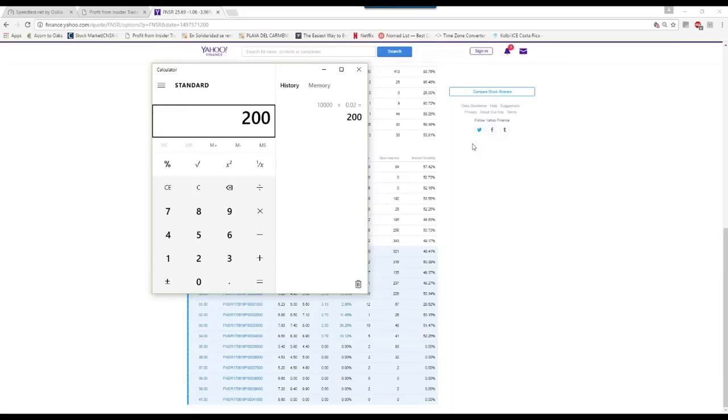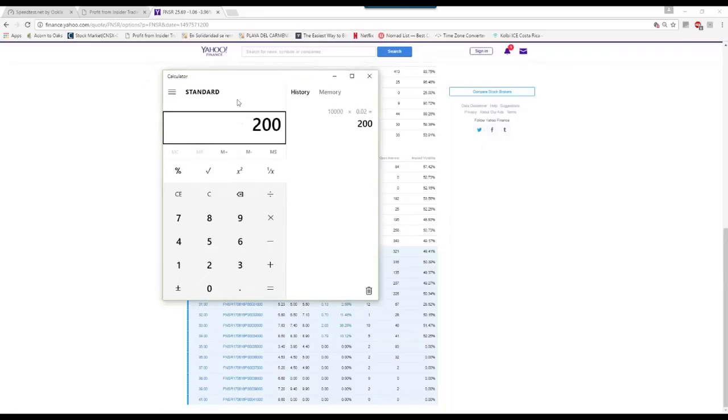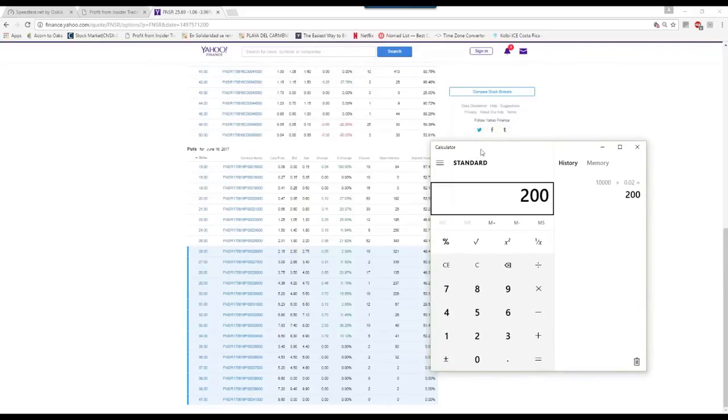If you follow that rule and say I'm not going to risk more than $200 on any given trade, your stop loss on any trade would not be a loss of more than $200. If the option trade went against you, you'd be planning around not losing more than $200.